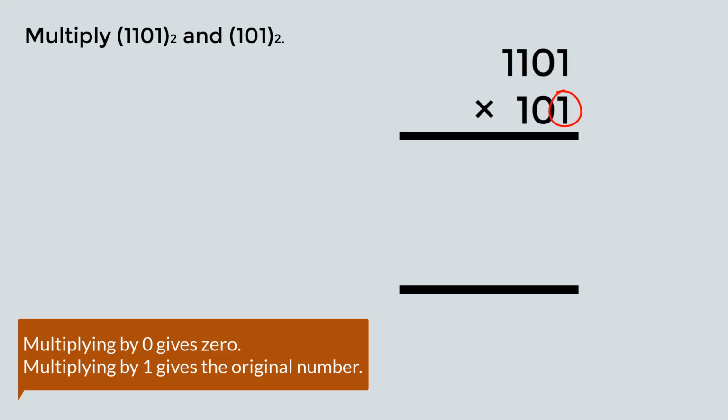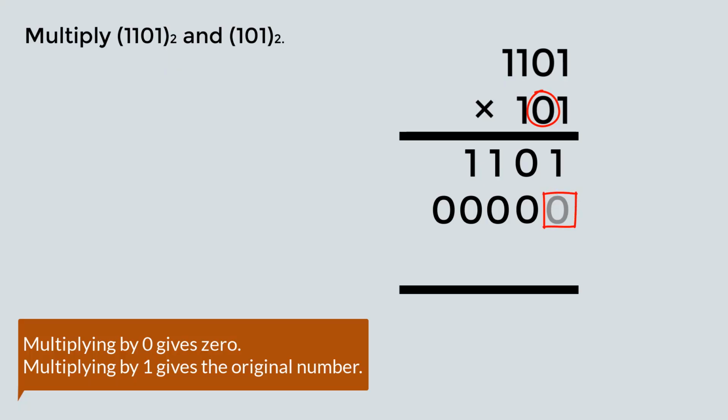The rightmost digit is 1. So we write down the multiplicand 1101. The next digit of the multiplier is 0. So the next partial product is 0. Because this digit is one position to the left, the partial product is shifted one place to the left. So we get 0000.